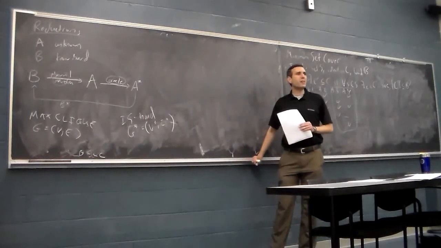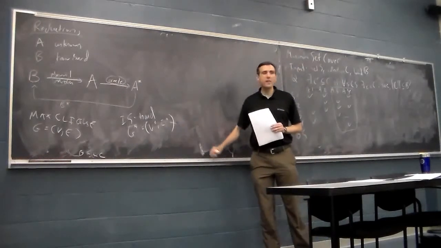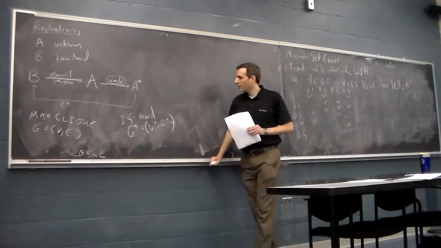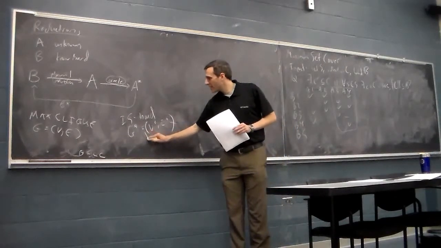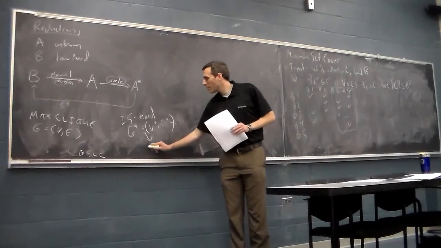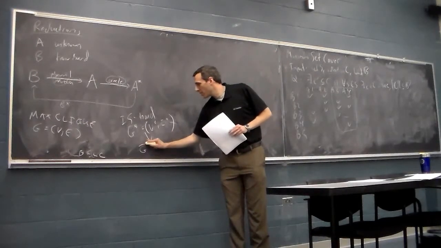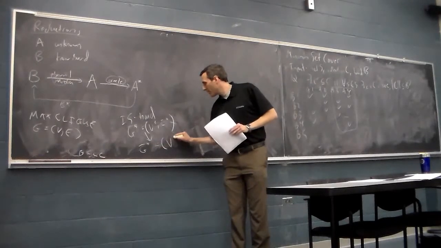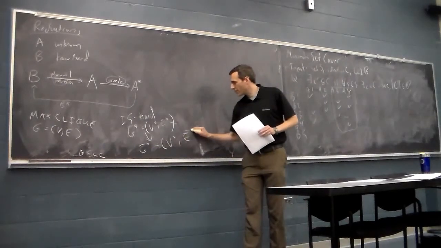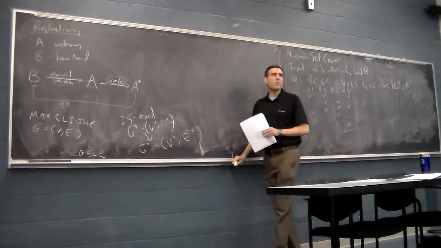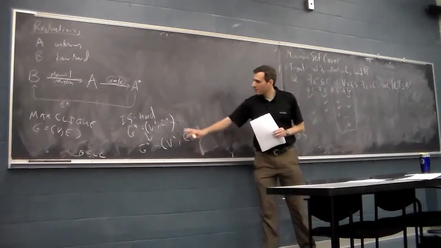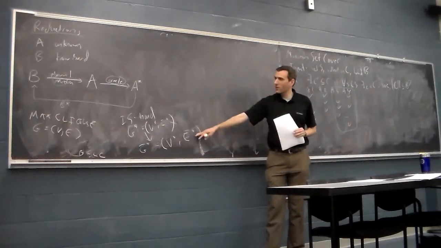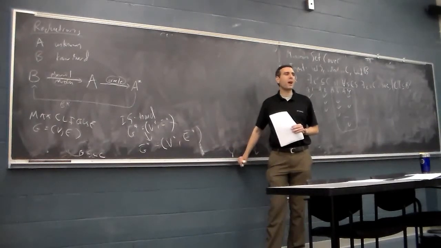And then what we're going to try to do is prove max clique is hard by transforming independent set to max clique. As I mentioned before, we can take an independent set problem and transform that to the complement graph, let's say G star bar. That would be the same vertex set, flip the edges. And then we know that the maximum independent set in our original graph is going to correspond to a maximum clique in this graph.